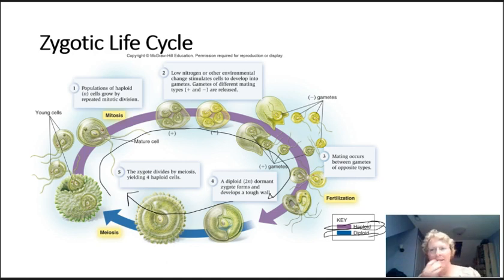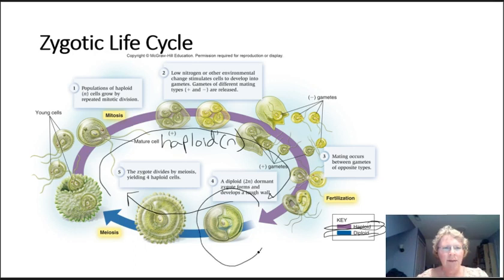Sperm and eggs have 1 copy of each chromosome. So if we look at this diagram, the purple part of this diagram is showing us that most of the life cycle is actually in the haploid stage. So the haploid stage, or we can abbreviate it as N, is dominant. In this life cycle, there's only one diploid cell, right here.